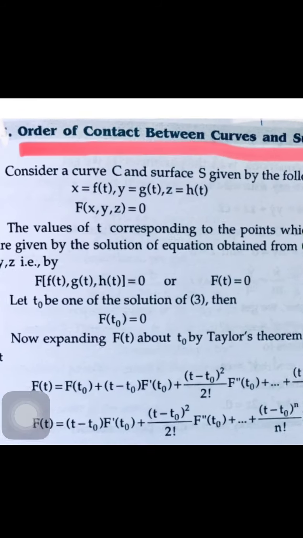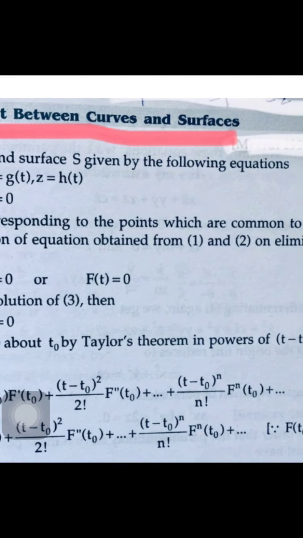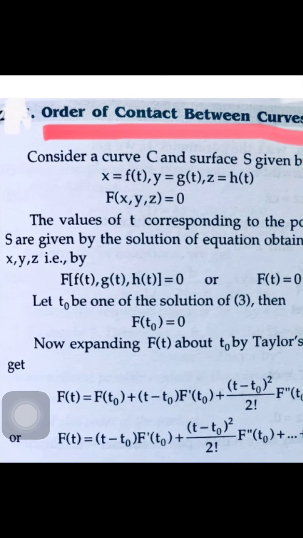Consider a curve C and surface S, taking their mathematical definition: x equals f(t), y equals g(t) and z equals h(t) be the curve, and f(x, y, z) equals 0 the surface.